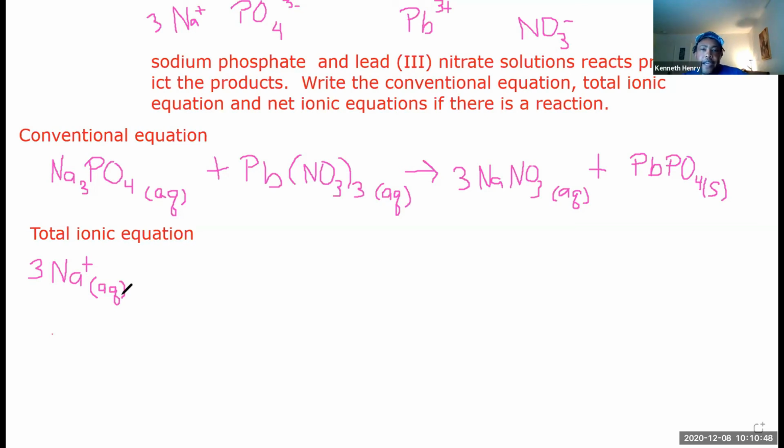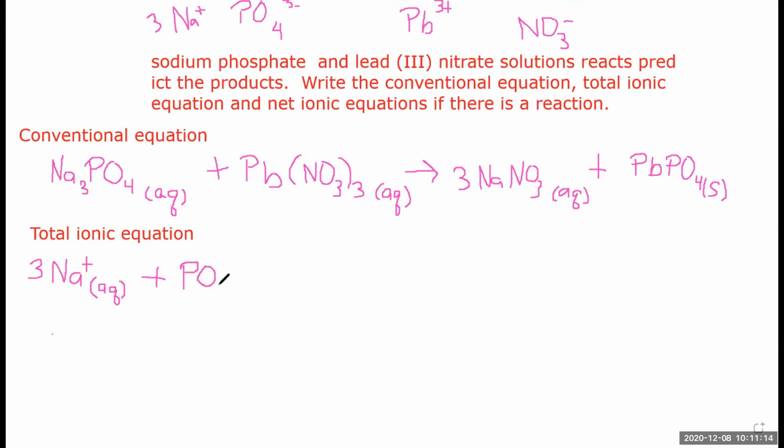Because you no longer have that plus and minus interaction to kind of keep them all together. So each sodium is going to act independently. So that's why you have that coefficient of 3 in front. Okay, now what else will we have? PO4 with a -3 charge. Okay.